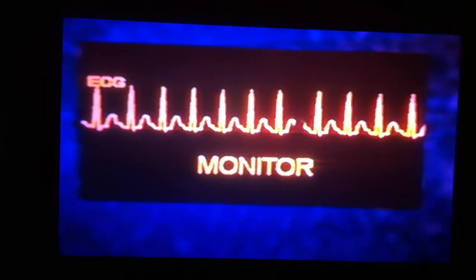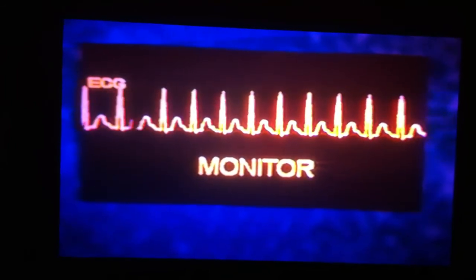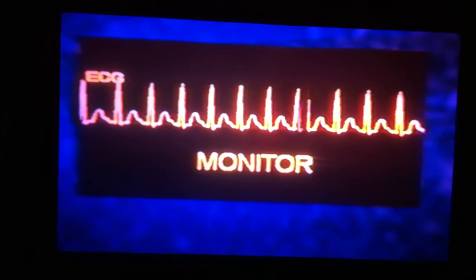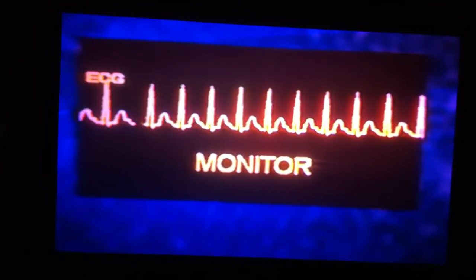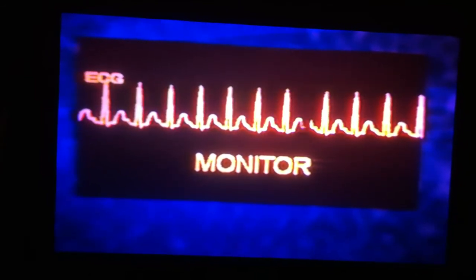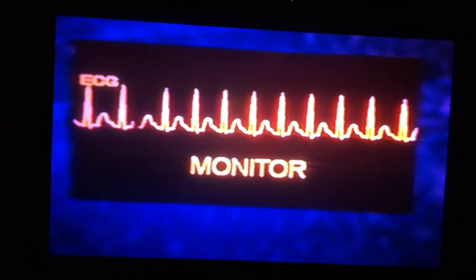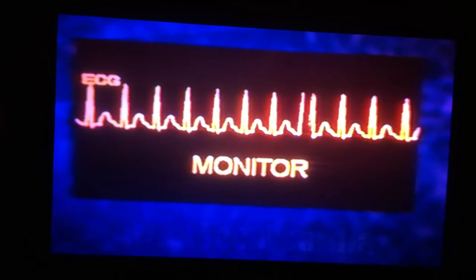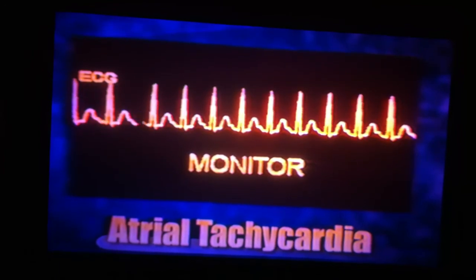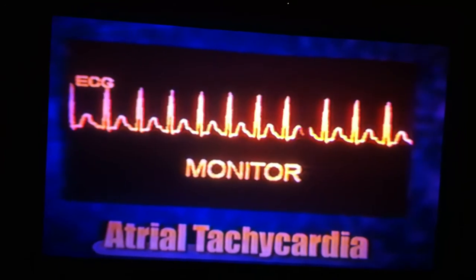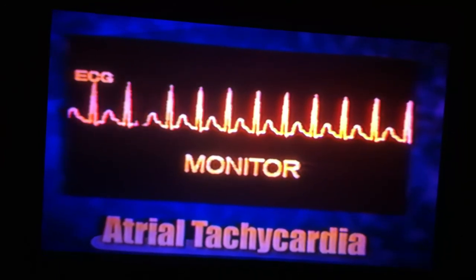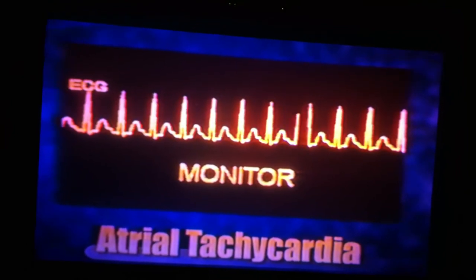Upon placing her on the cardiac monitor, you see this rhythm. The correct interpretation of this rhythm is atrial tachycardia, often referred to as SVT, supraventricular tachycardia.